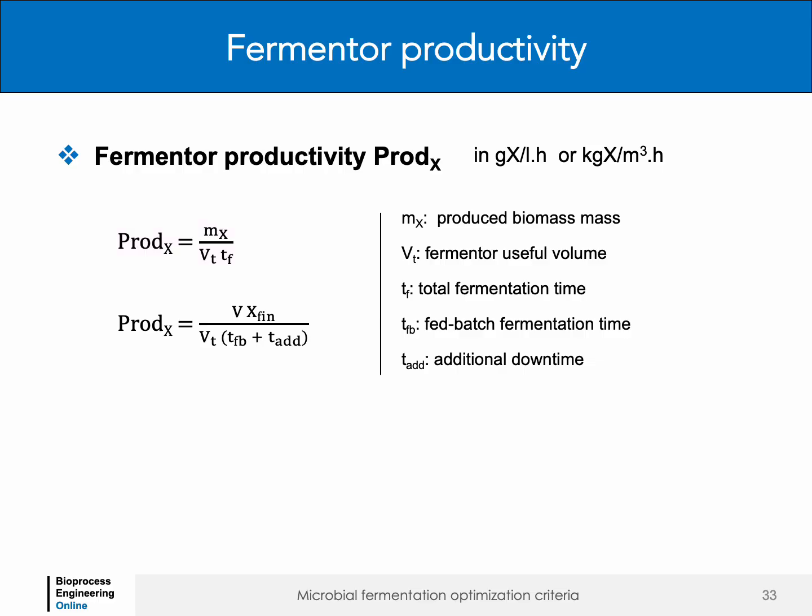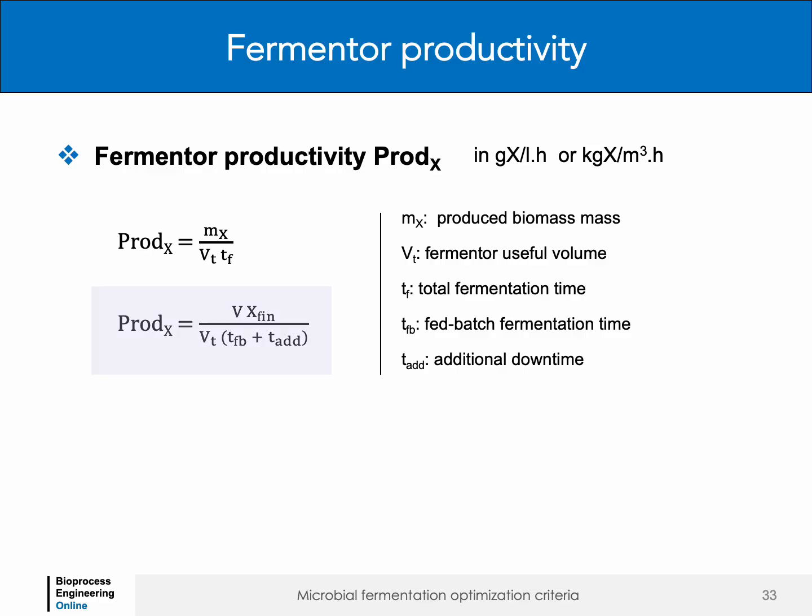The total process time includes the final fed batch fermentation time, TFB, plus the additional downtime, TAD, required between successive runs for emptying the fermenter, cleaning, refilling with fresh medium, and sterilization before the next fermentation cycle.